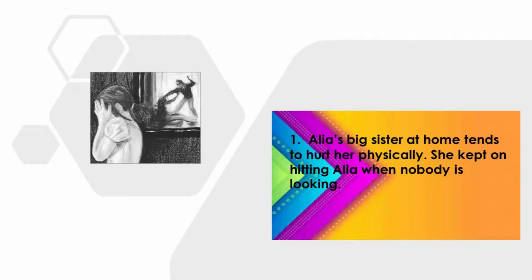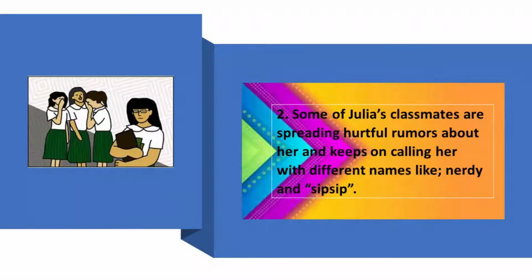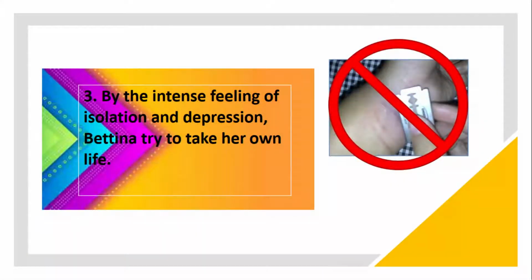She kept on hitting Aaliyah when nobody is looking. Number 2. Some of Julia's classmates are spreading hurtful rumors about her and keep on calling her with different names like nerdy and sip-sip. Number 3. By the intense feeling of isolation and depression, Bettina tried to take her own life.